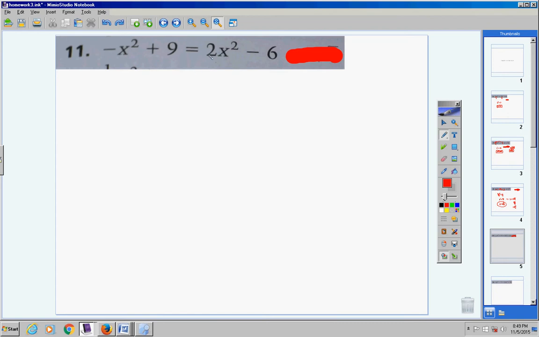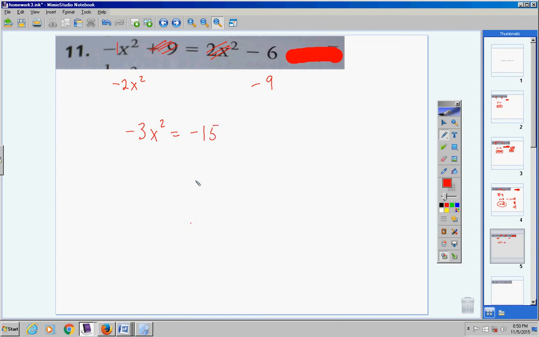So this 2x squared comes over here, becomes a negative 2x squared. This 9 is moved over, becomes a negative 9. So negative 1, negative 2, you owe me 1, you owe me 2. Now you owe me $3. You owe me 6, you owe me 9 more, now you owe me 15.